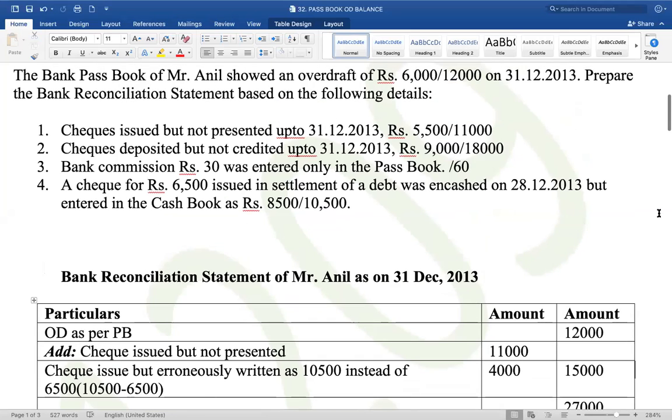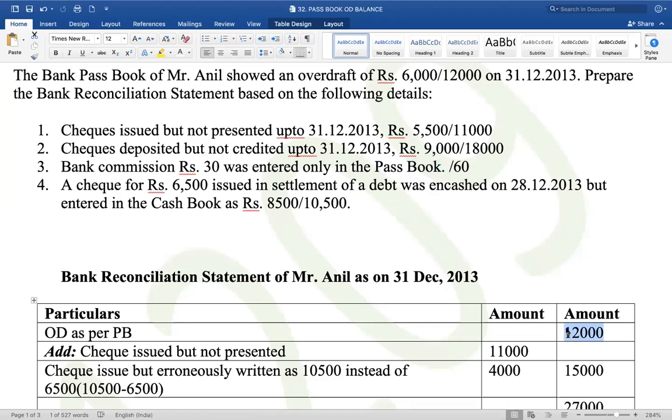No doubt. Okay. Next, bank commission of 60. Bank commission entered only in the passbook. That means overdraft increased by 60. But when you are reconciling, it is not there in the cash book.